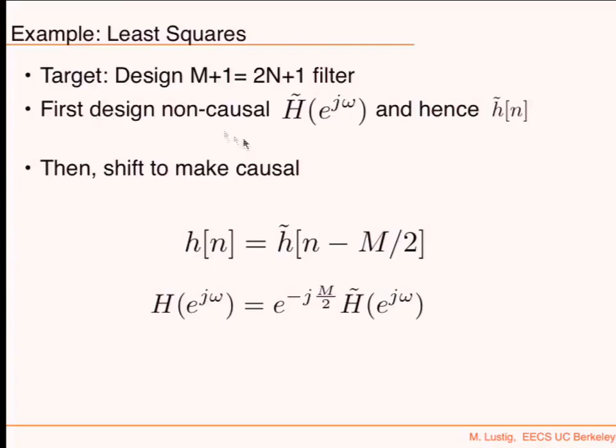We're going to first design a non-causal frequency response, a frequency response that doesn't have this linear phase in it, because we're going to make it causal afterwards, but we're just not going to think about this linear phase that we need to apply. Okay, so we're going to design a non-causal zero phase kind of filter, which we're going to put a tilde on.